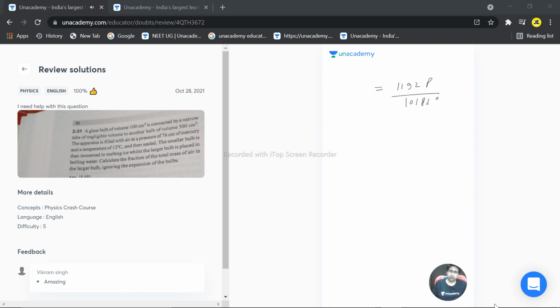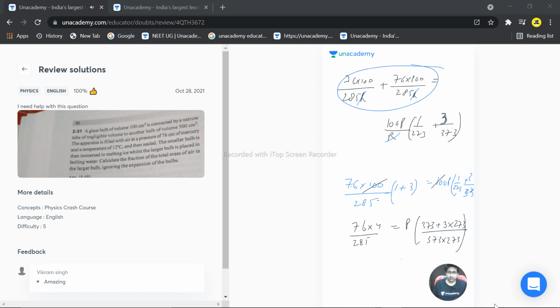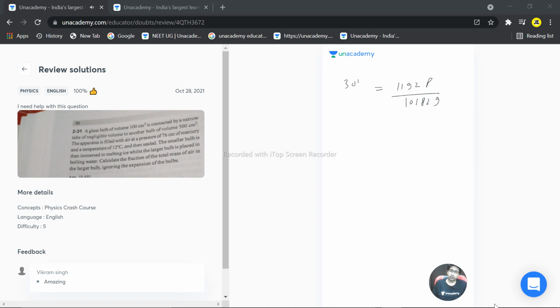And over here we have 76 times 4, which is equal to 304, divided by 285. So pressure is 101829 multiplied by 304 divided by 285 multiplied by 1192.